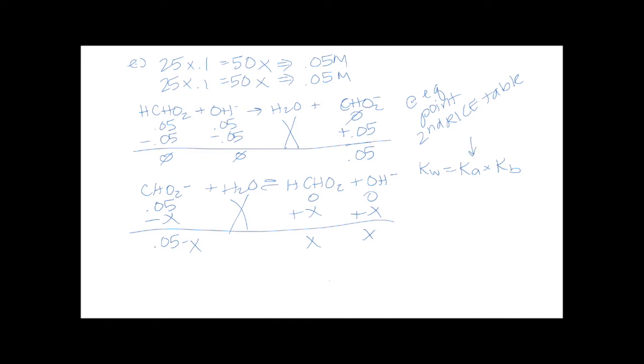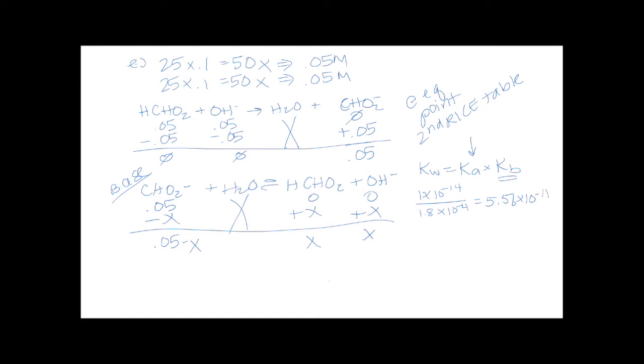Because I have Ka, that's what I was given, but this is a base. And so when I am finding x here, I need to use the Kb. So I have to take 1 times 10 to the minus 14 and divide by my Ka to get my Kb. And it's 5.56 times 10 to the minus 11.